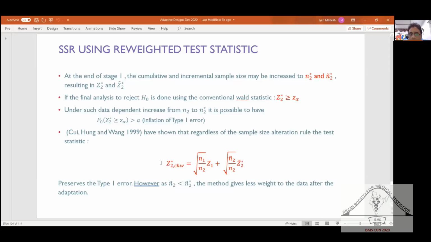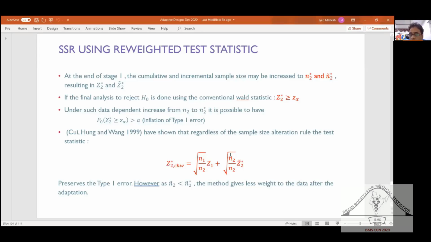But there is a problem with using this, and the problem is that N2 tilde over N2 is much smaller than N2 tilde star over N2 star. In our example, what was N2 tilde over N2? This was 150 over 250, correct? But now we increase both by 50, so now this is 200 over 300, which is higher.